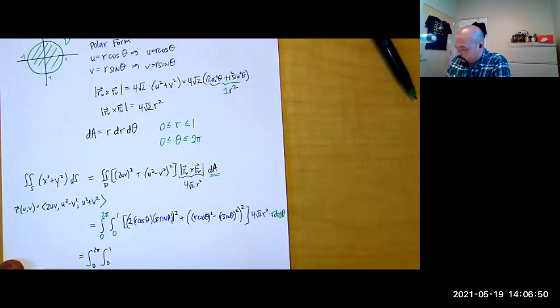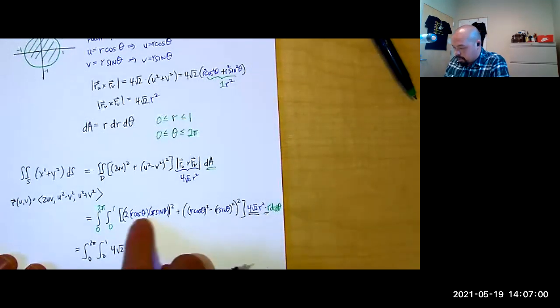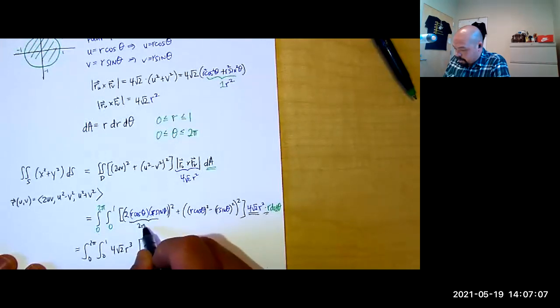Simplify inside here, I'm going to bring these components up front. 4 root 2 r cubed, r squared with the r. And now let's check out what's going on here. We're squaring this piece. So first up, it's going to be 2r squared cosine theta sine theta. Then we're going to square that.